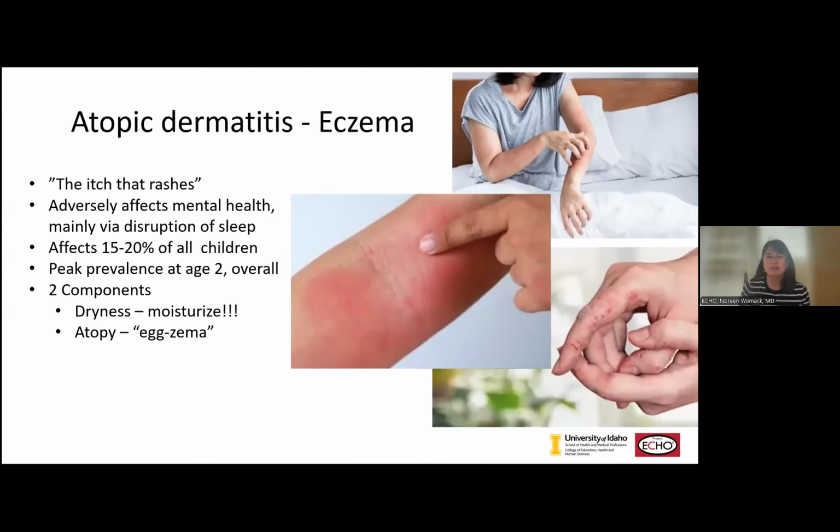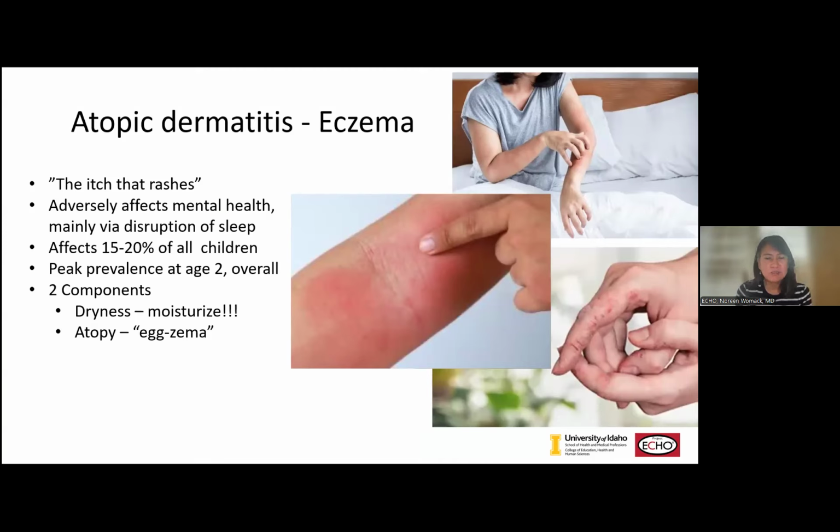So eczema, we've all seen eczema. 15 to 20% of kids have it, so that means you've seen it. Oftentimes we call it the itch that rashes, because the rash doesn't start first. It's actually the itch. A child will have an itchy spot and they'll scratch, scratch, scratch, and then they'll develop a rash there.